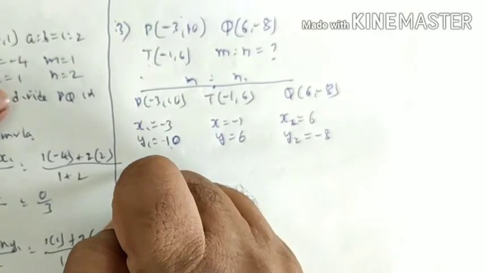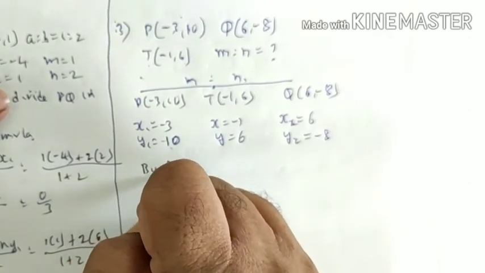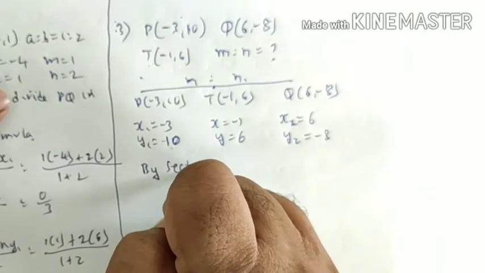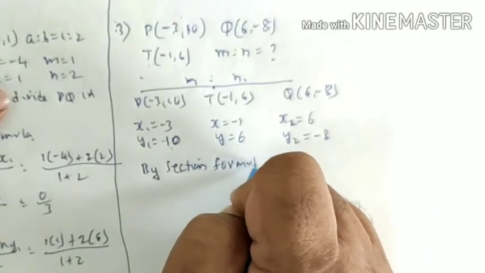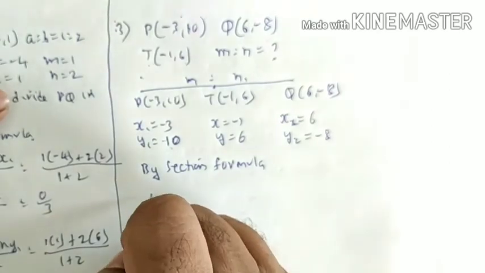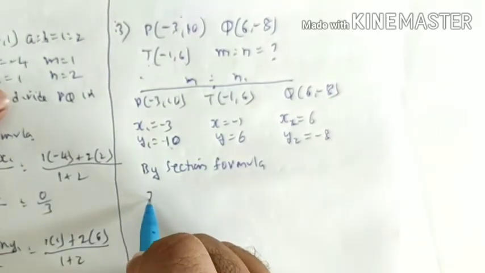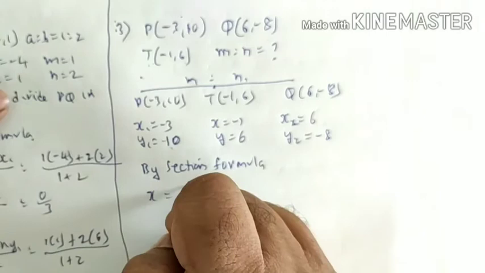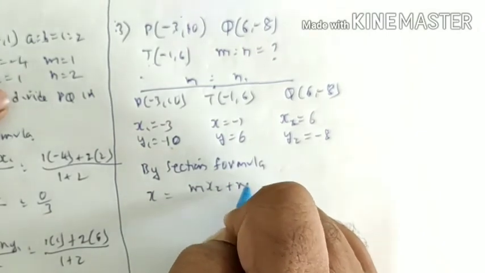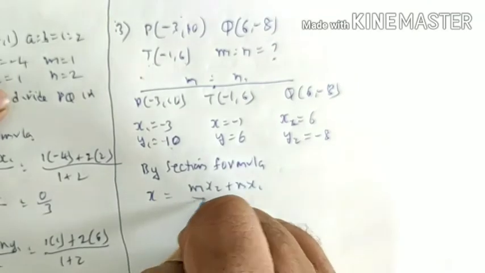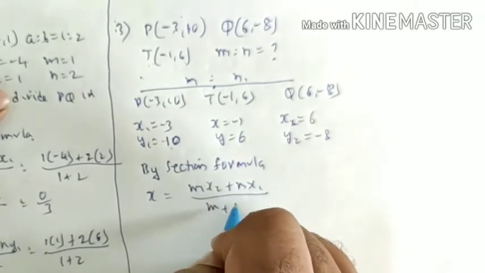Now, by section formula, we have x is equal to (m x2 plus n x1) upon (m plus n).